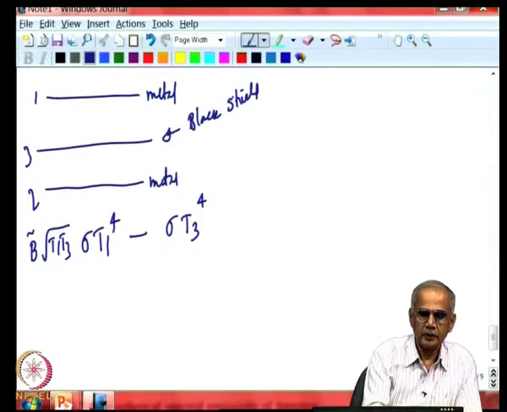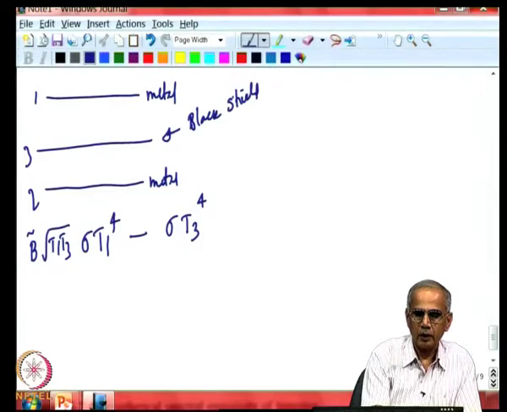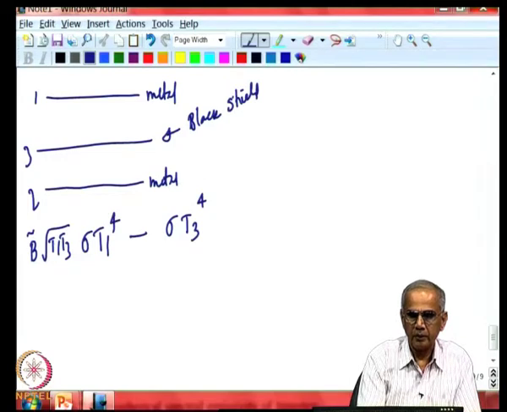So, this is the radiation that is emitted by 1 and absorbed by 3, the black shield.